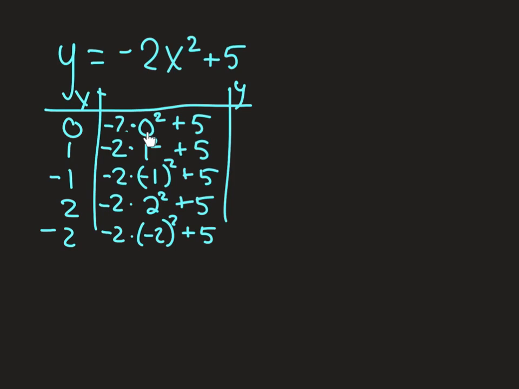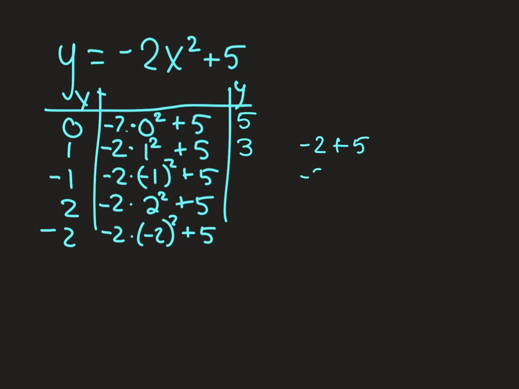Okay, so 0 squared is 0. 0 times anything is still 0, so I get 5 as an answer. 1 times 1 is 1. 1 times negative 2 is negative 2. Negative 2 plus 5 is a positive 3. Okay, next one. Negative 1 squared is negative 1 times negative 1, which is positive 1.